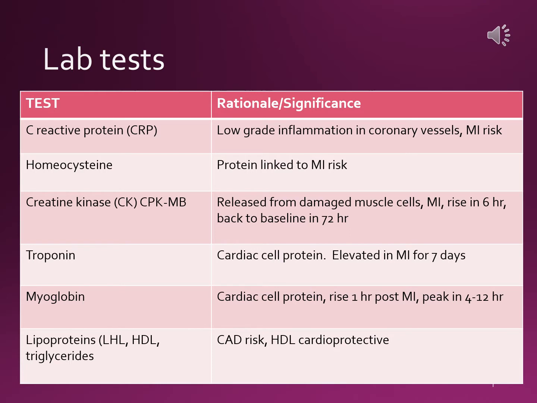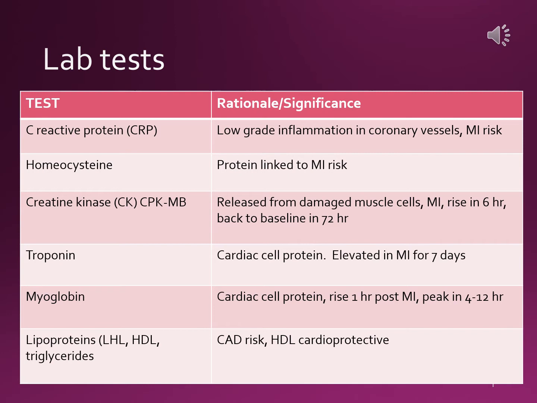Myoglobin is a cardiac cell protein. It rises an hour post-MI and peaks at 4 to 12. I don't necessarily need you to know that. The troponin is what people are using now as a more definitive marker for an MI, and so that's probably the one that we will look at most, and we'll talk about that in the lecture on MIs.